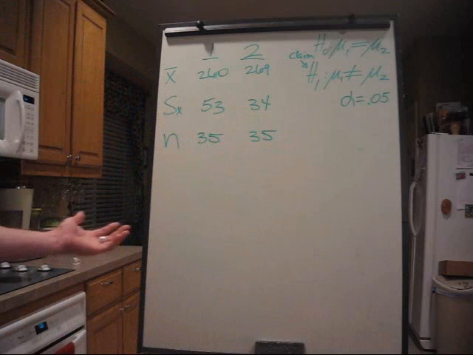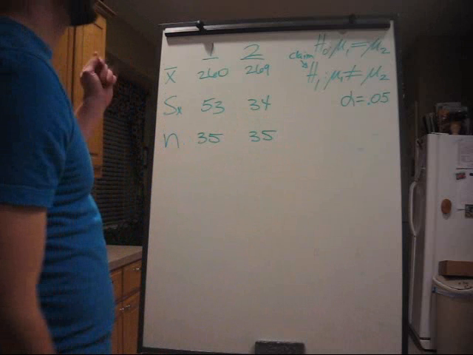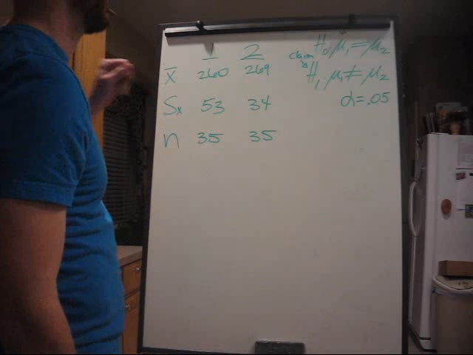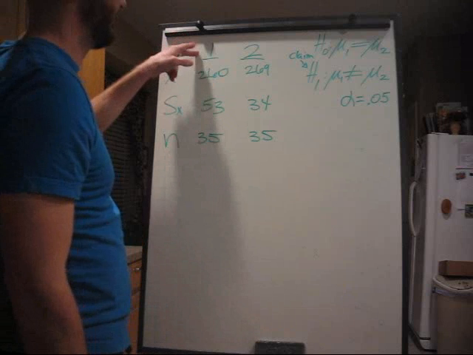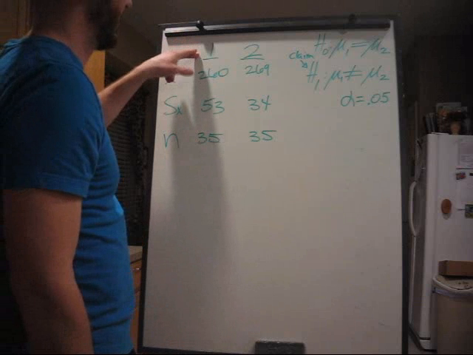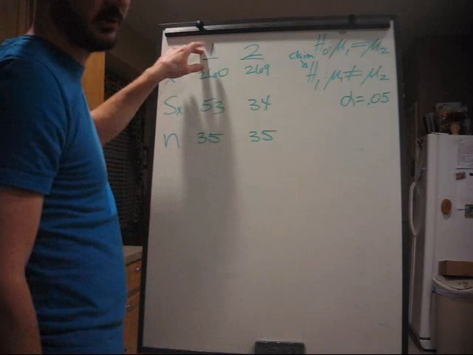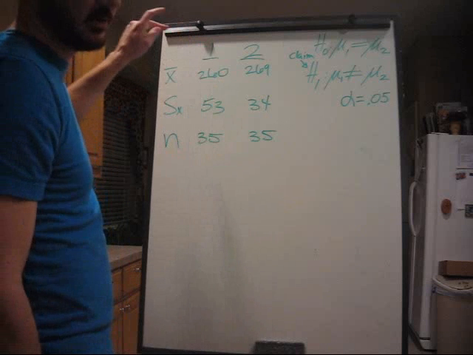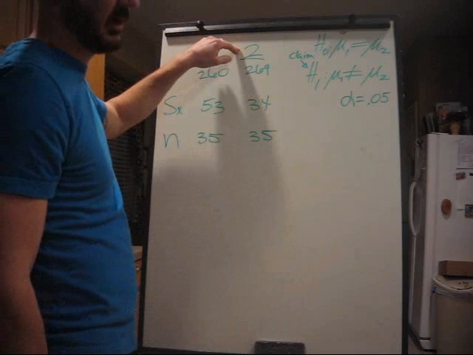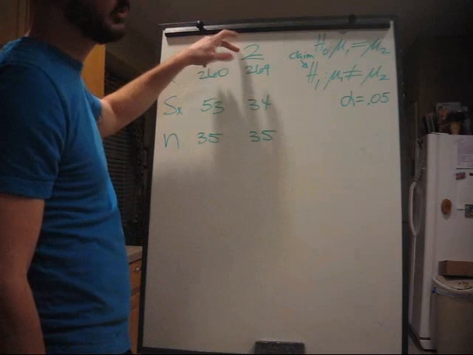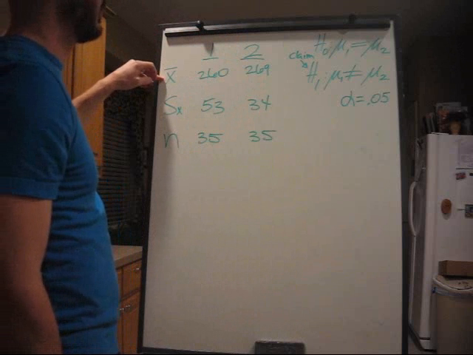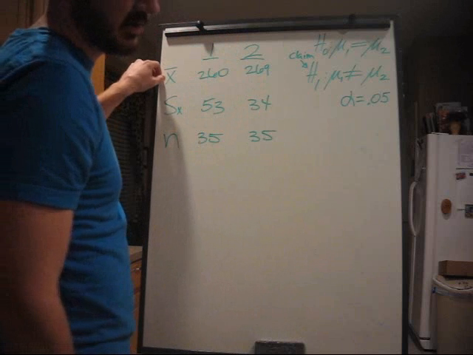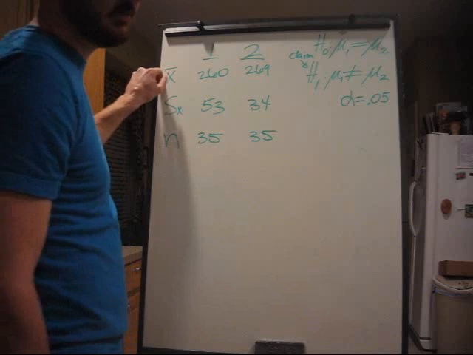The way the question was worded in the book was, do people arriving at the airport, which we'll call group 1, walk faster through the terminal than people who are departing from the airport, which is group 2? So x bar is going to be the mean speed of the person walking.